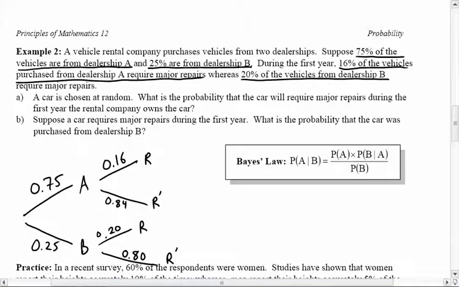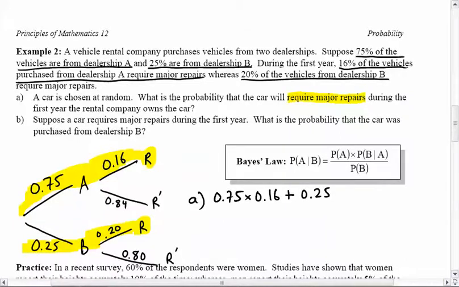So now we're going to find out what's the chance that a car will require major repairs. So we want to know all the ways that we're going to get repairs. We can get repairs by getting a car from A, or we can get repairs by getting a car from B. So that would be 75% times 16, or comes from B and needs repairs.